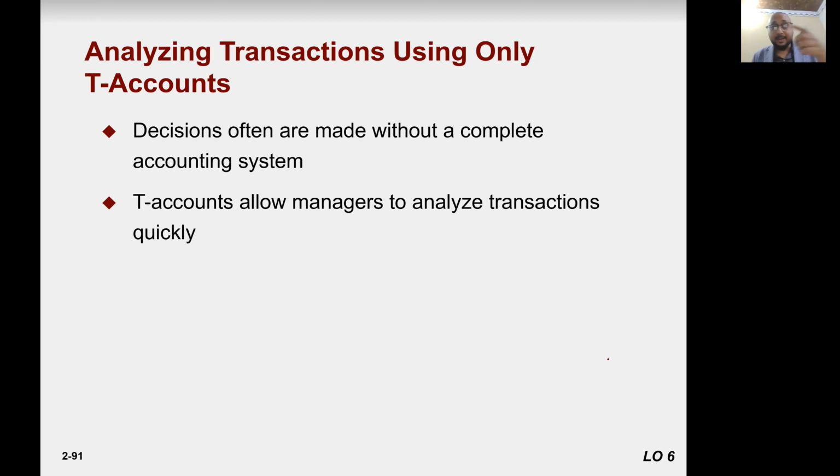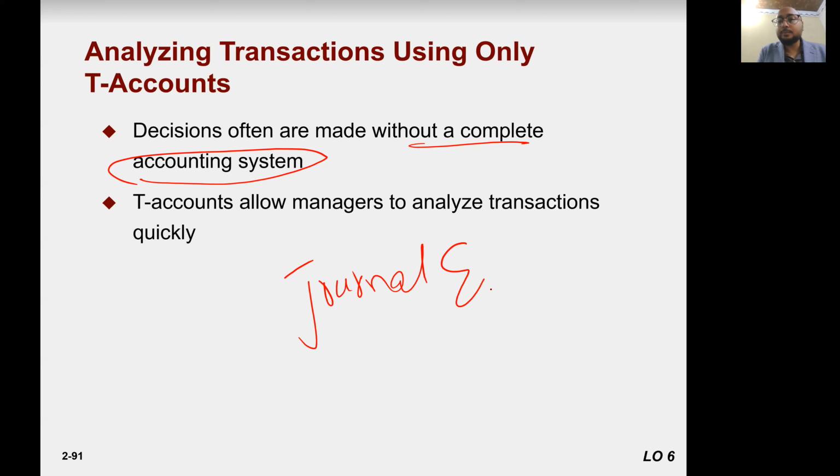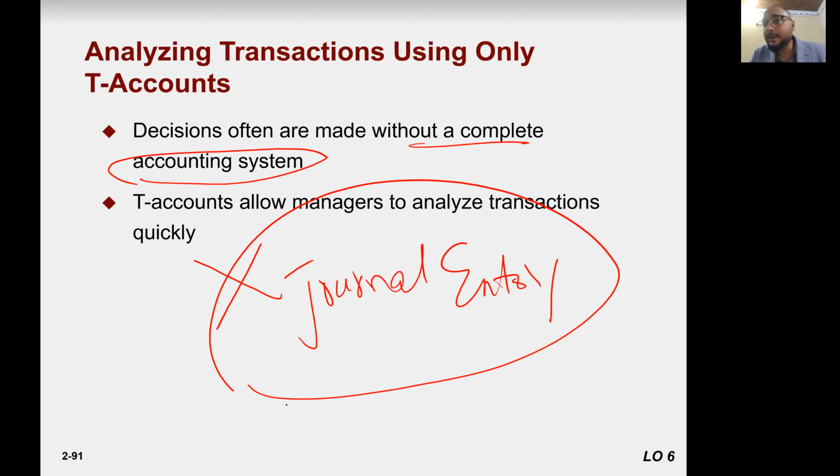So, analyzing transactions, remember this one: transactions are often made without a complete accounting system. You can directly post without a journal entry. You don't have to make a journal entry. You can easily post to the ledger. If you don't have much time, in real life you directly post to the ledger, T account.